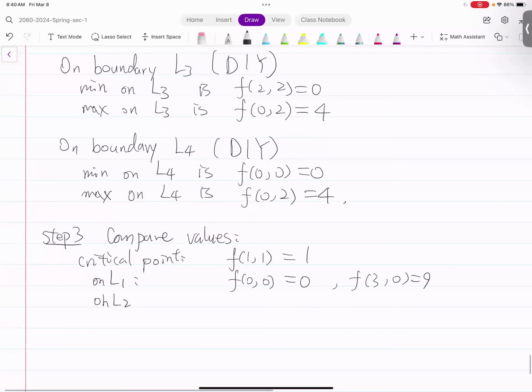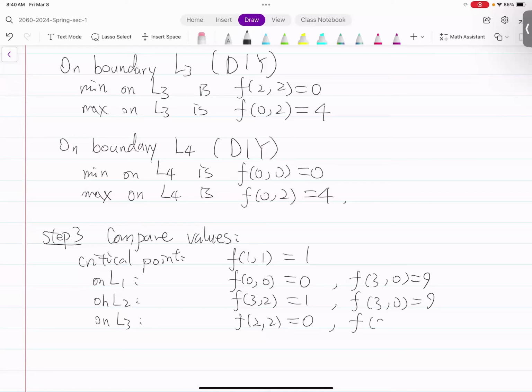On L2, if you look above, f of (3, 2) is the minimum, which equals 1. f of (3, 0) is the maximum on L2. And L3 is what we have right above: the minimum is (2, 2), which gives you 0. The maximum here is (0, 2), which gives you 4. On L4, we have (0, 0) as the minimum and (0, 2) as the maximum.